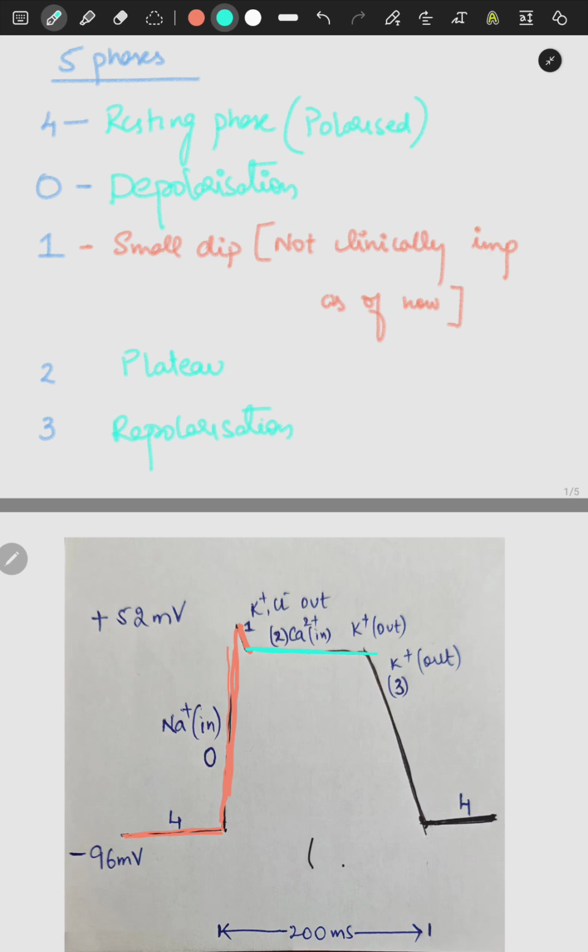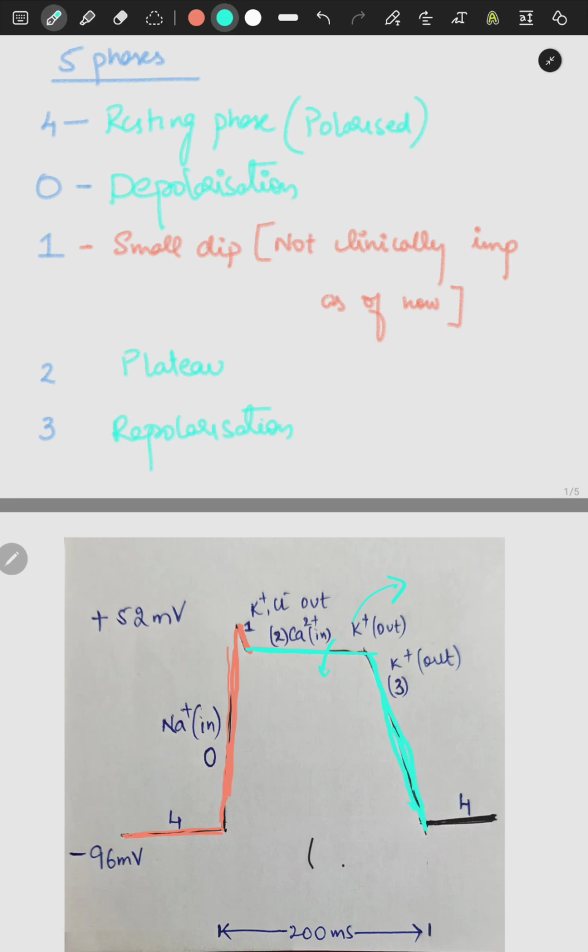What happens is calcium ions move into the cell and potassium ions go out of the cell. The calcium ions which move into the cell will bind to the contractile proteins and result in ventricular contraction. Next is phase 3 or repolarization phase. Here the cell gradually becomes negative again.